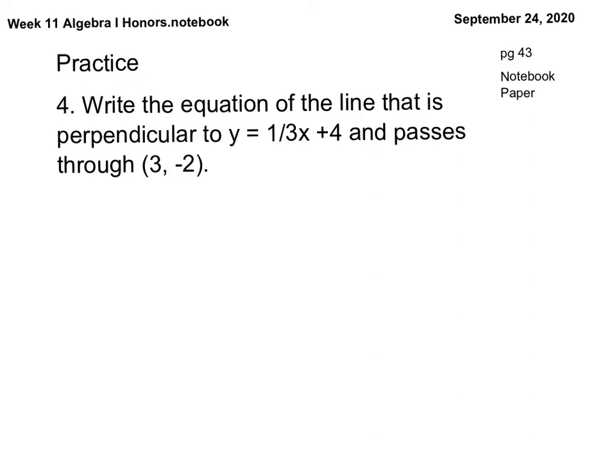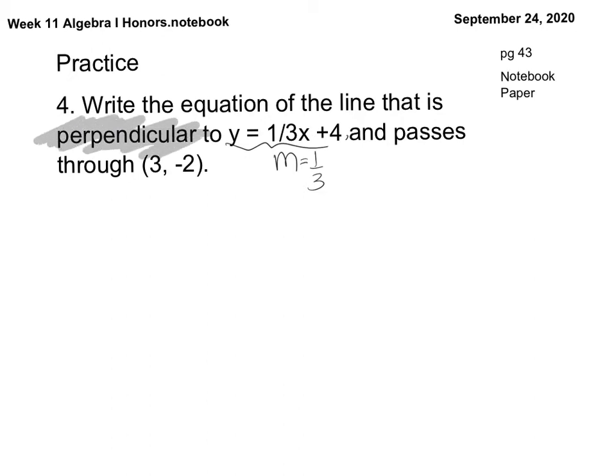Number 4, write the equation of the line that is perpendicular to y equals 1/3 x plus 4 and passes through (3, negative 2). I need the slope from this equation, y equals 1/3 x, so just 1/3 is my slope. Then I need to remember that I'm trying to find the perpendicular slope.